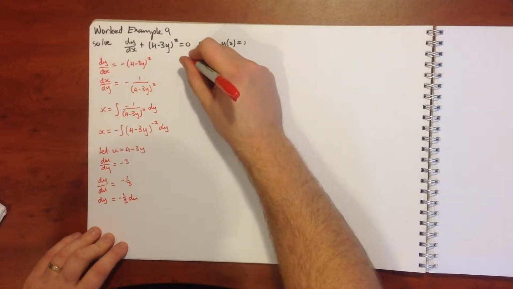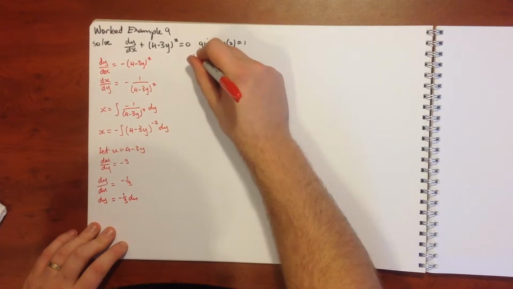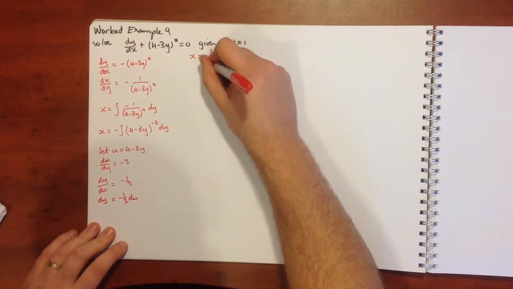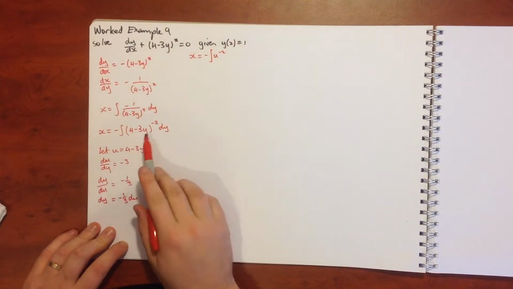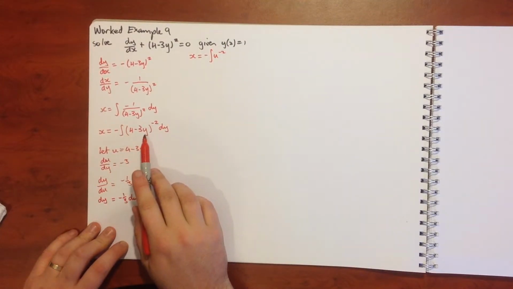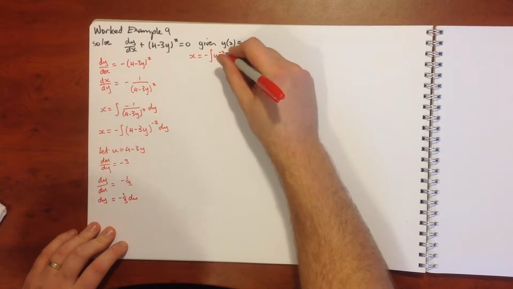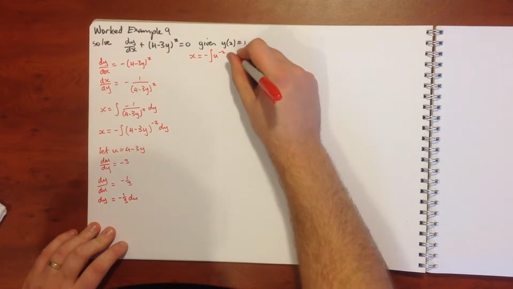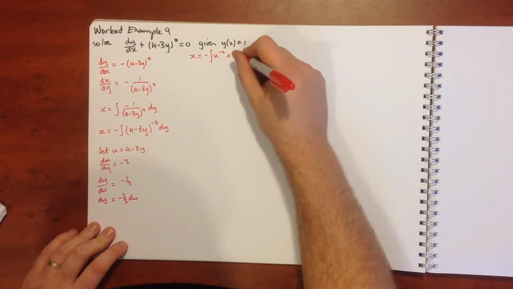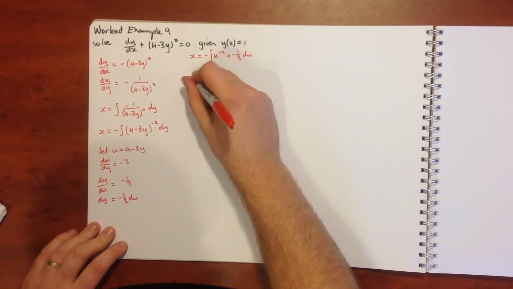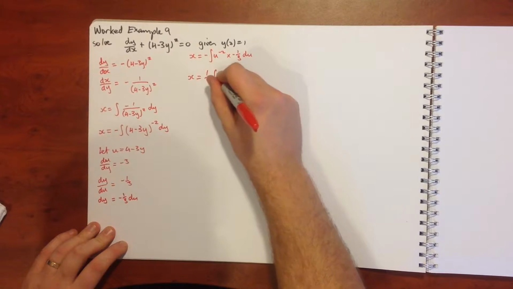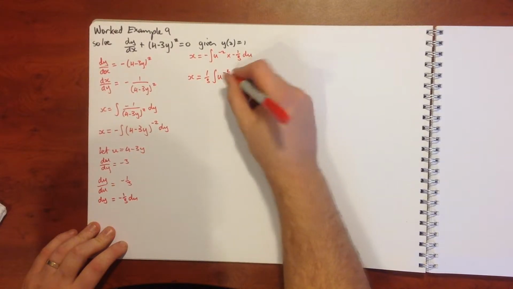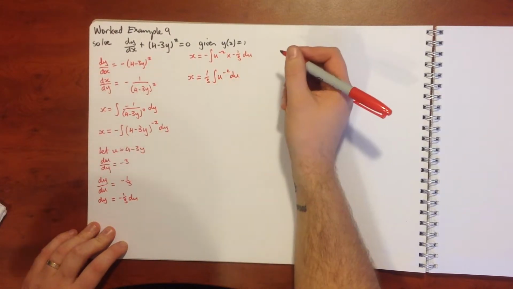That means our integral becomes x equals minus the integral of u to the negative 2, because we don't have 4 minus 3y, we've got u now, times negative a third du. So that's equal to 1/3 outside our integral of u to the negative 2 du.